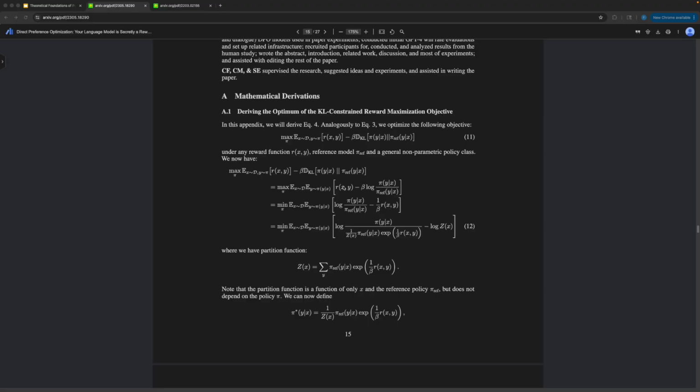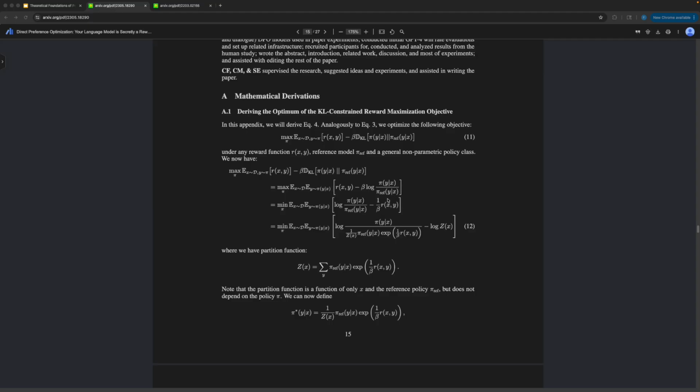Now maximizing this is also equivalent to maximizing 1 by beta times the same expression, which is equal to minimizing minus 1 by beta times the same expression. So we multiply by minus 1 by beta and this max becomes min, and the two terms are shuffled on left and right. So this becomes the log ratio of the probabilities of the completions minus 1 by beta times reward of x comma y.